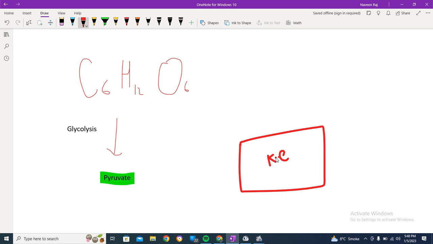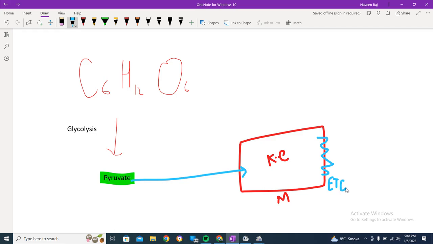This is the Krebs cycle, which is going on in the mitochondria of the cell, and what's happening in this is that this pyruvate would enter in this. Okay, pyruvate got entered in it, and on the wall of the mitochondria you have got the electron transport chain, that is ETC, the electron transport chain, right?